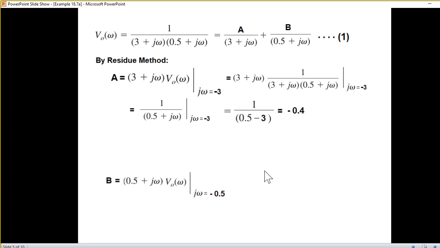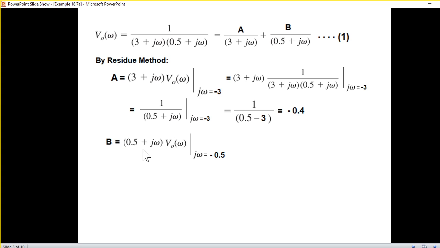Same technique for B. The denominator of B we'll use for multiplying with V(ω). From here, putting this equal to 0, the condition we get is jω equal to minus 0.5. Now we'll put in the value of V(ω) as we did here, and these two terms get cancelled.